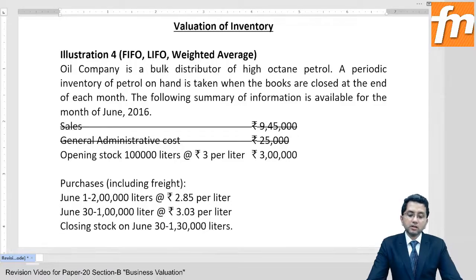And closing stock on June 30th is 1,30,000 liters. So opening stock was 1 lakh, purchase was 3 lakh, total was 4 lakh, and out of 4 lakh, you're saying 1,30,000 is in stock. It means 2,70,000 units are sold. Fine, perfect.